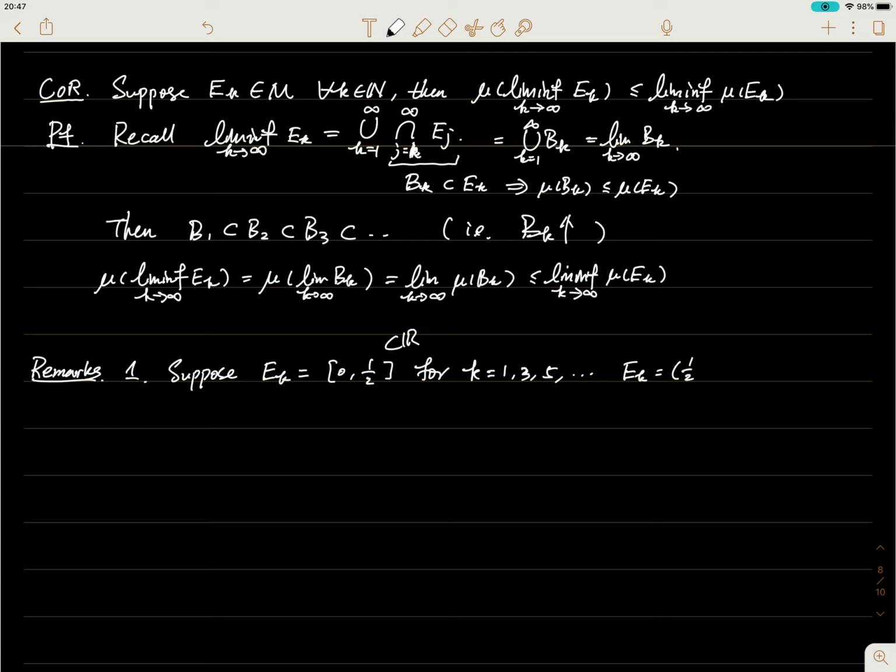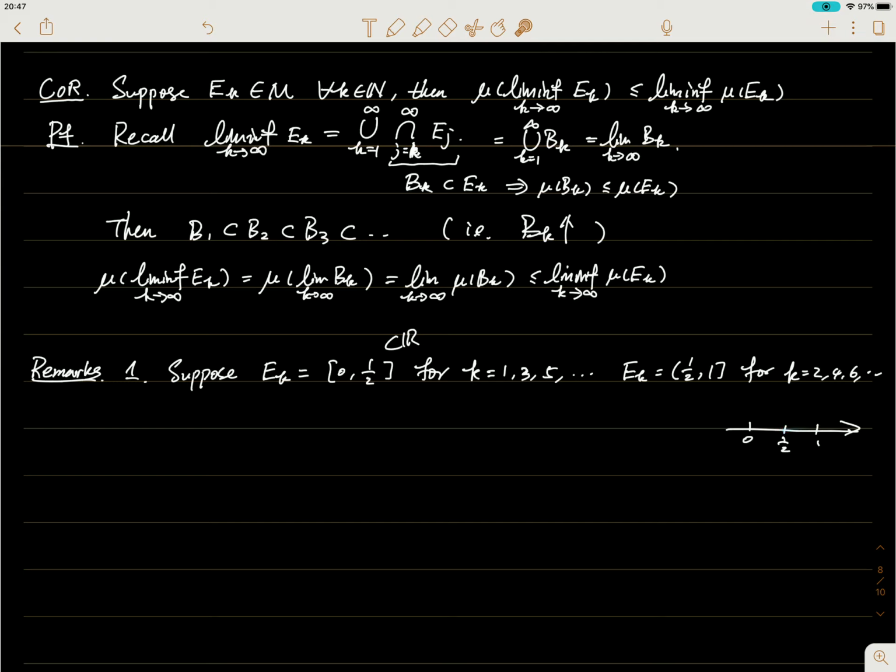I can put it closed at 1/2 as well; it doesn't really affect our conclusion. So now you can see I have this real line 0, 1/2, 1. That means for E_1, E_3, E_5, I take just this interval, and for E_2, E_4, E_6, it will be this set.